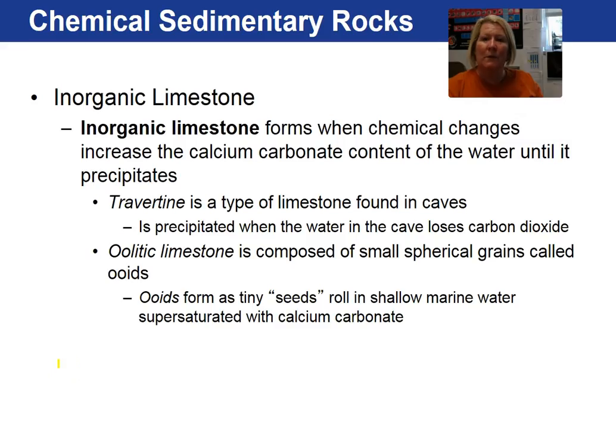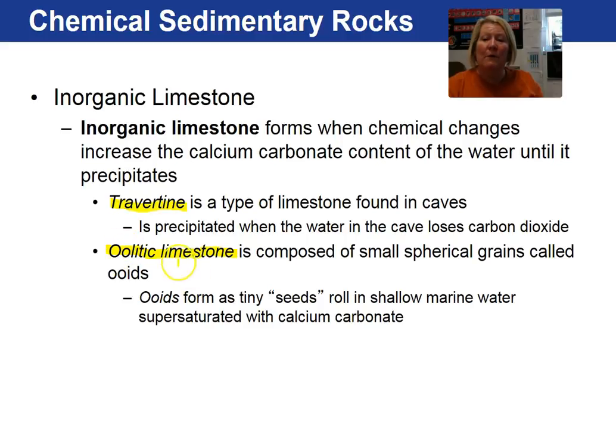Not all limestone forms by biochemical processes. Let's look at inorganic limestones. Travertine is an inorganic limestone that forms in caves. Oolitic limestone is composed of small grains called ooids that get cemented together.